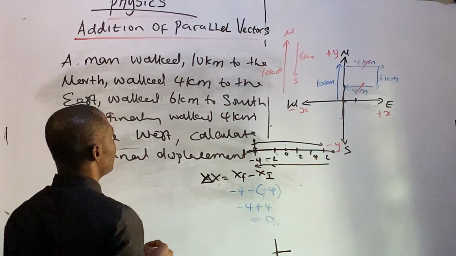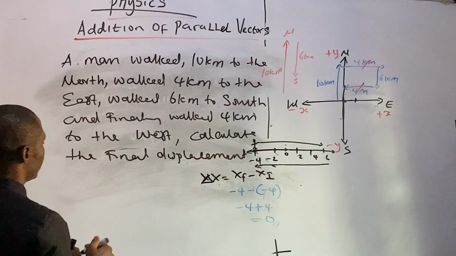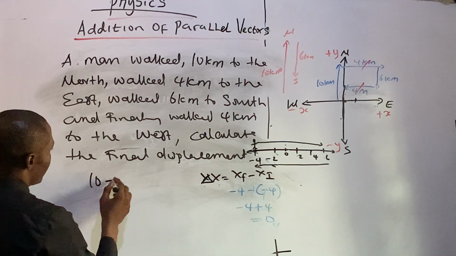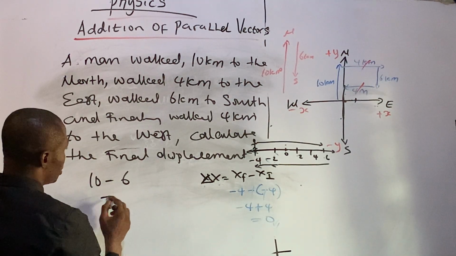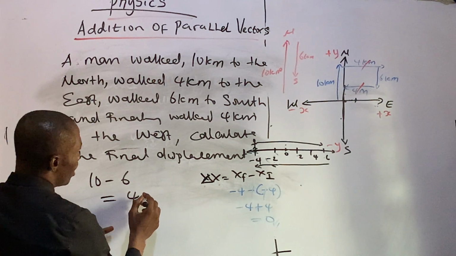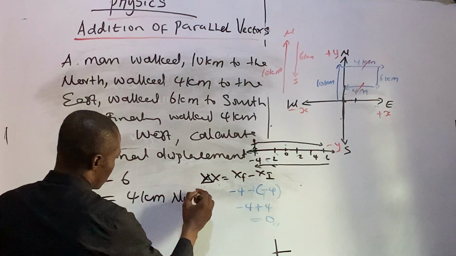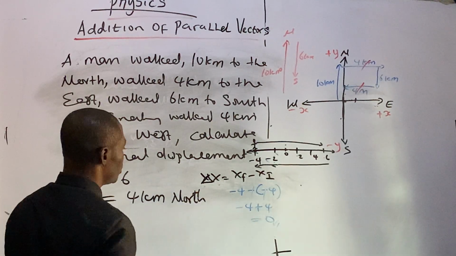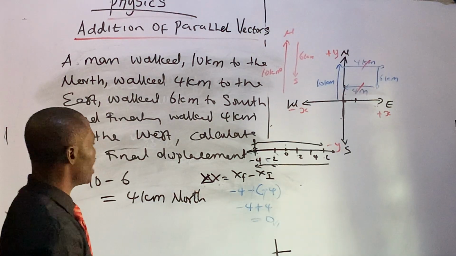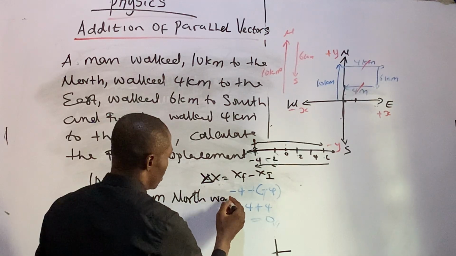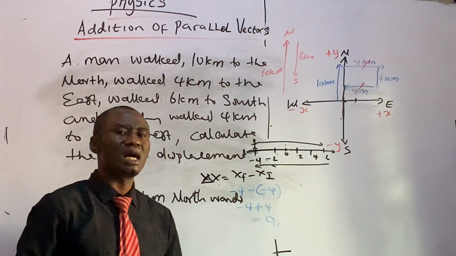The final displacement is simply 10 minus 6, which is going to evidently give me 4 kilometers. 4 kilometers northwards, or 4 kilometers to the north.